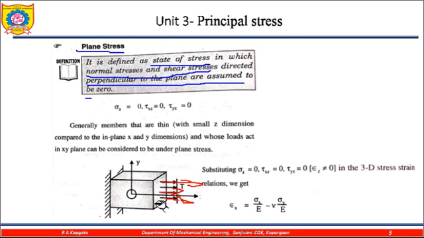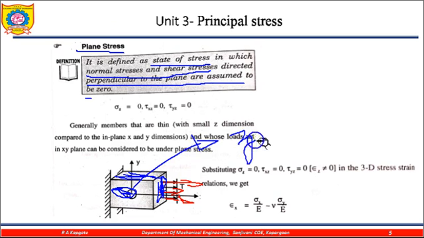These stresses are applied on this surface, this surface, and this surface. But there are no stresses developed on this surface, because this is along the z-axis.